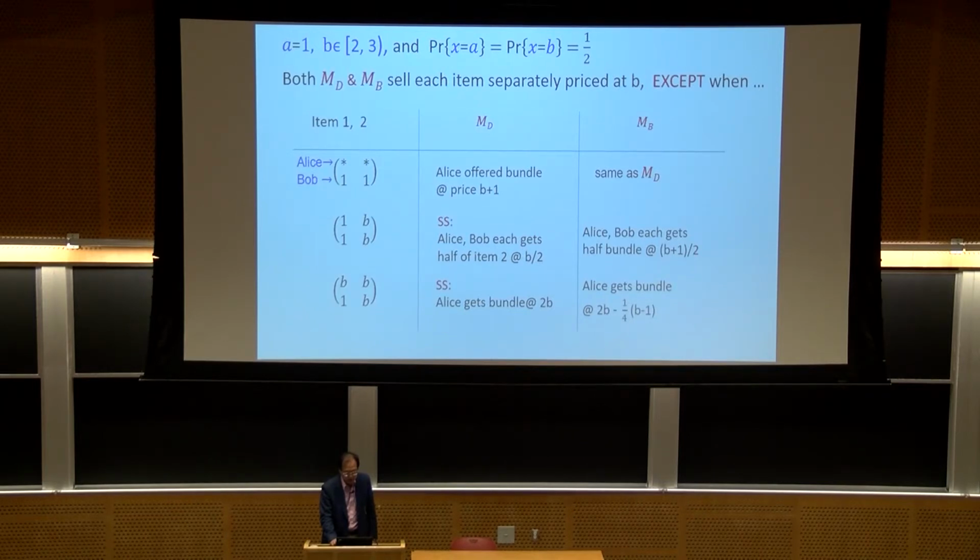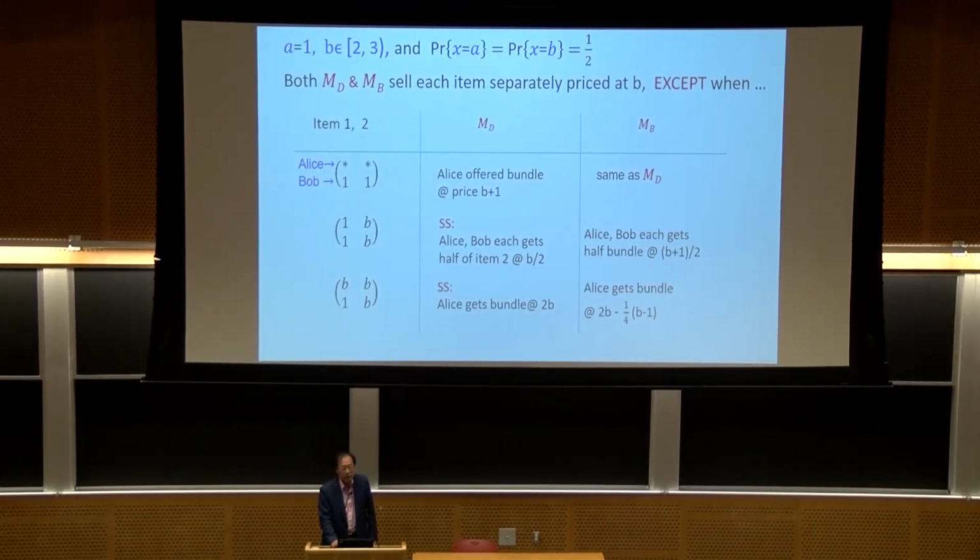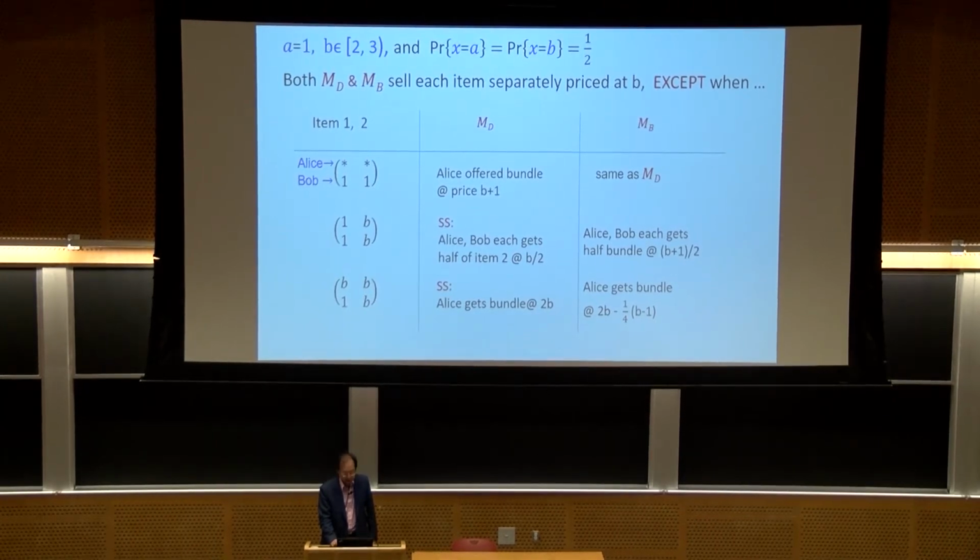But for the Bayesian case, you have to give Alice a discount. So you have to allow Alice to accumulate some utility in order to satisfy the needed incentive compatibility constraint. So that's the description of these two different optimal mechanisms.